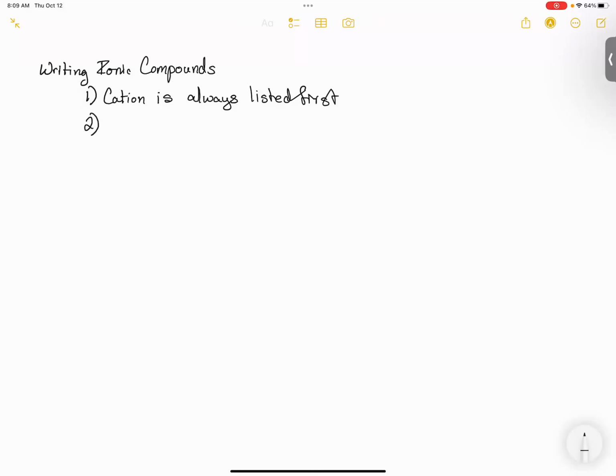Now, let's talk about developing the formula. The easiest way to develop the formula is to cross, drop, and simplify.